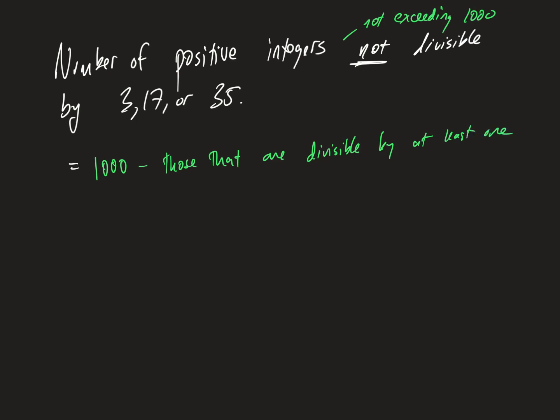So divisible by 3, 17, or 35. So this is 1,000 minus those divisible by 3, 17, or 35. That's going to be 1,000 over 3 plus 1,000 over 17 plus 1,000 over 35.